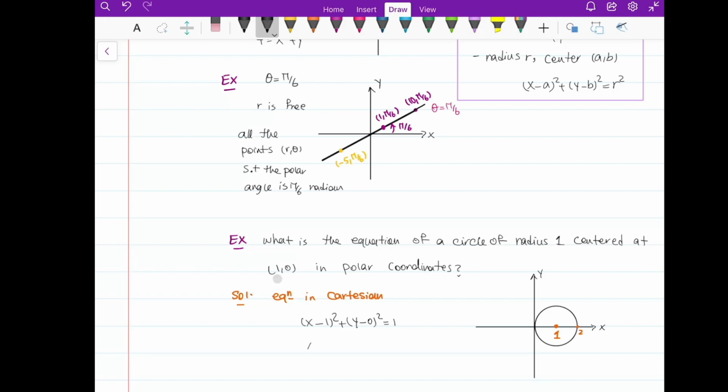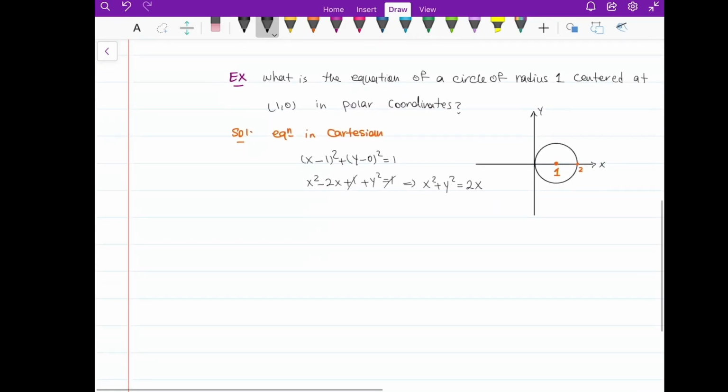Let me simplify that. I get x squared minus 2x plus 1 plus y squared equals 1. So the 1s cancel. I get x squared plus y squared equals 2x. I wrote it like that because it would be easier to transform it into polar.